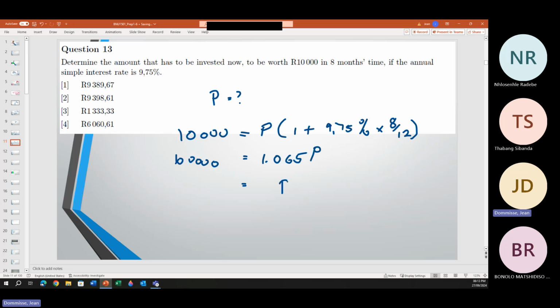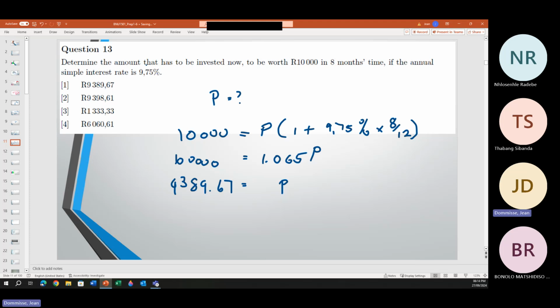So P will be equal to 10,000 divided by 1,065, which is then P is equal to 9389,67.